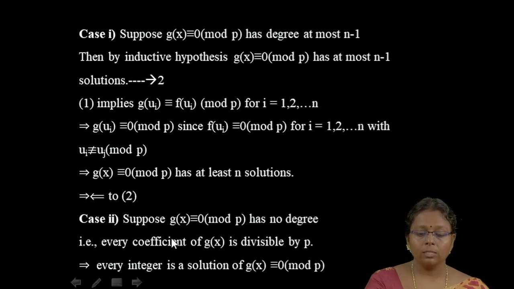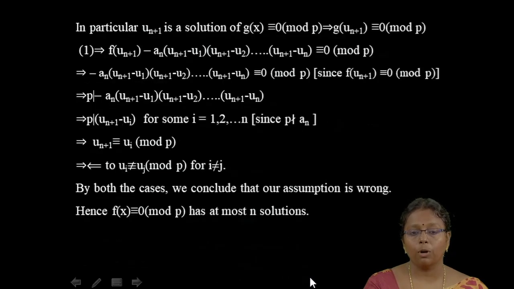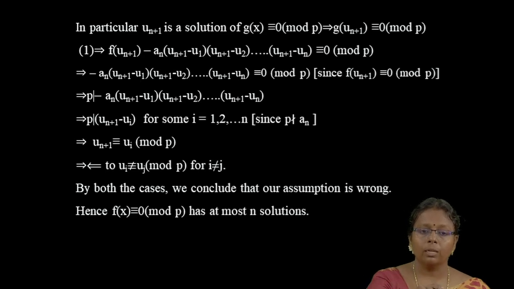Another case we are going to consider is that g(x) ≡ 0 mod p has no degree. So every coefficient of g(x) is divisible by p, which implies every integer is a solution of g(x) ≡ 0 mod p. In particular, u(n+1) is a solution, which implies g(u(n+1)) ≡ 0 mod p. From equation 1, we get this expression ≡ 0 mod p, since f(u(n+1)) ≡ 0 mod p. So p divides this value.